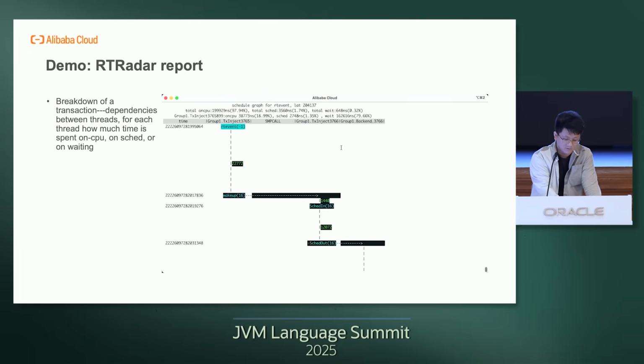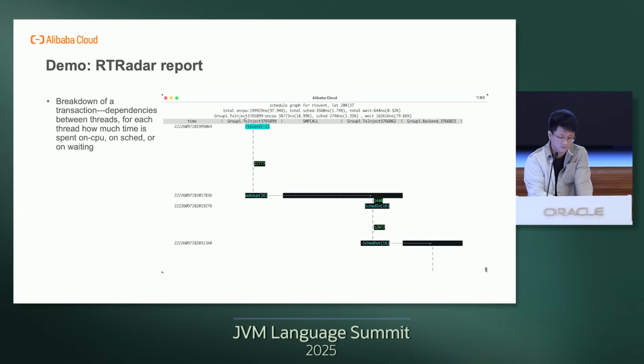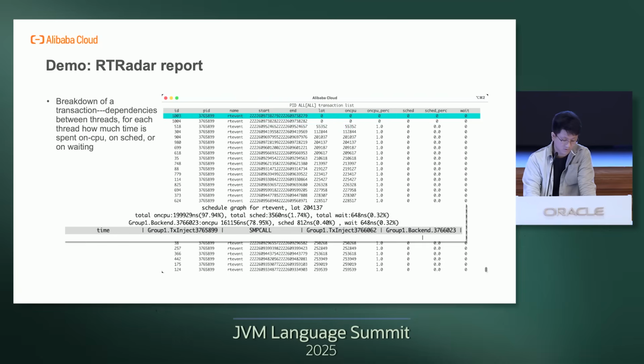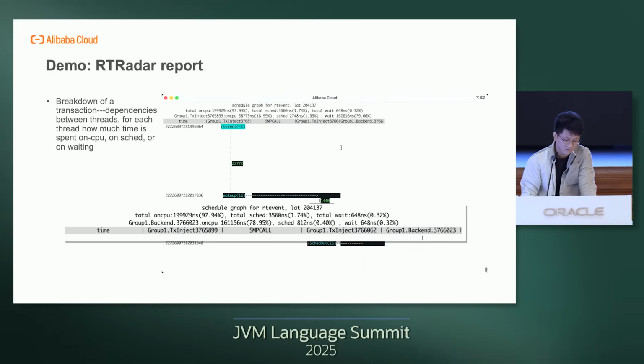And then this is the more interesting part of the tool. It will show you a breakdown of transactions. You can select any of the transactions, and it will show you what this transaction has been through. For example, here, with a zoom in, it shows that the transaction depends on 4 threads.